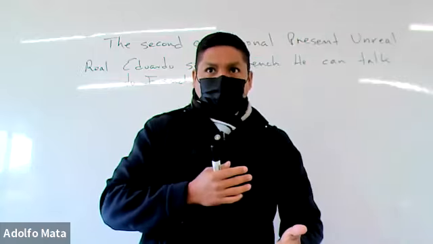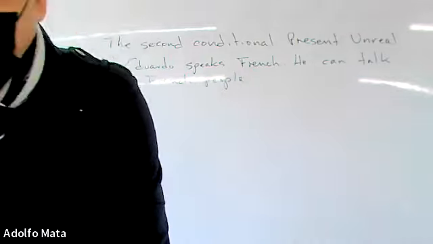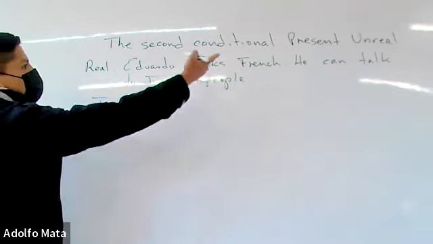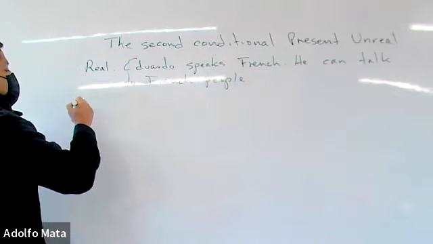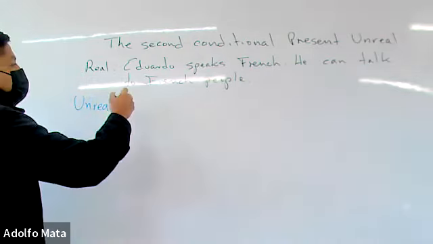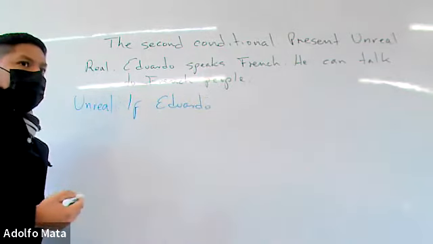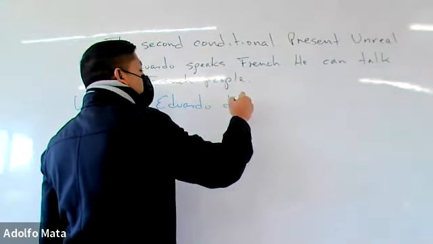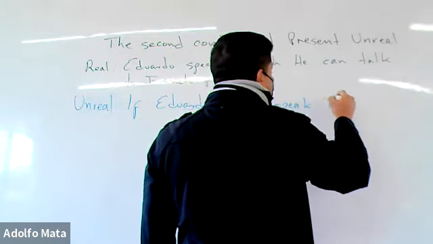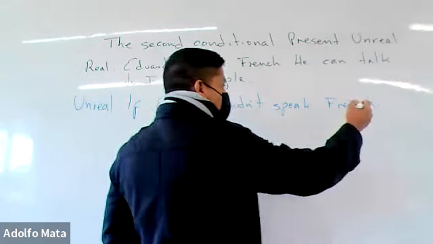Now, with the second conditional, we may have a hypothesis in the present, the opposite of what is called reality. So the conditionals begin with if. This would be the unreal sentence. It would be like: If Eduardo didn't speak French, and when I begin my sentence with if, there must be a comma after this.